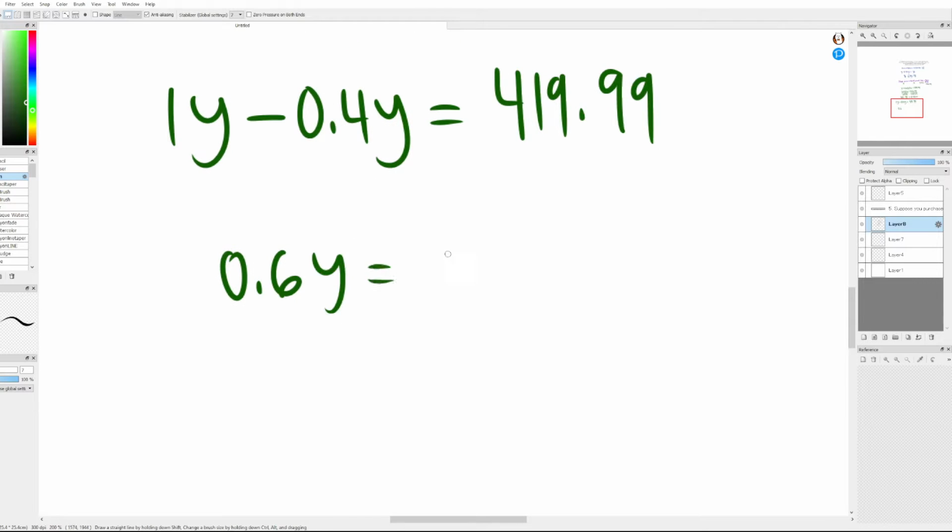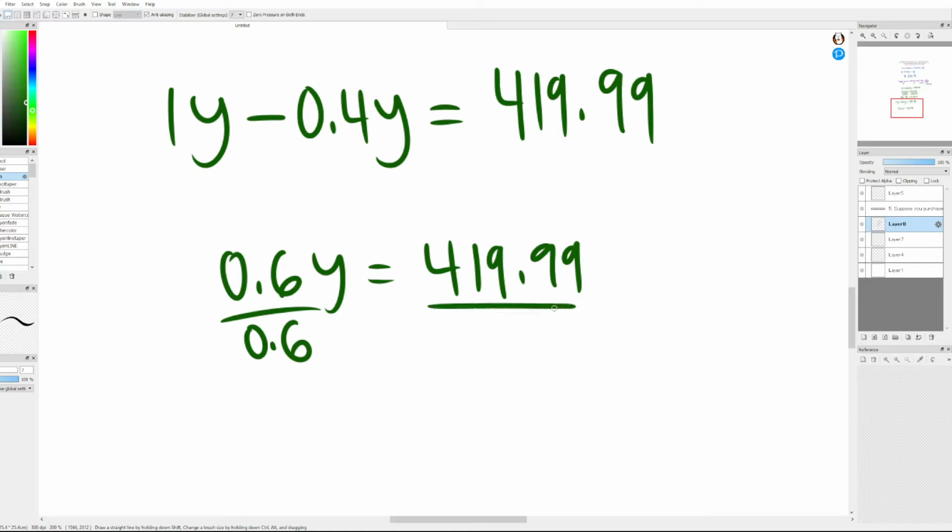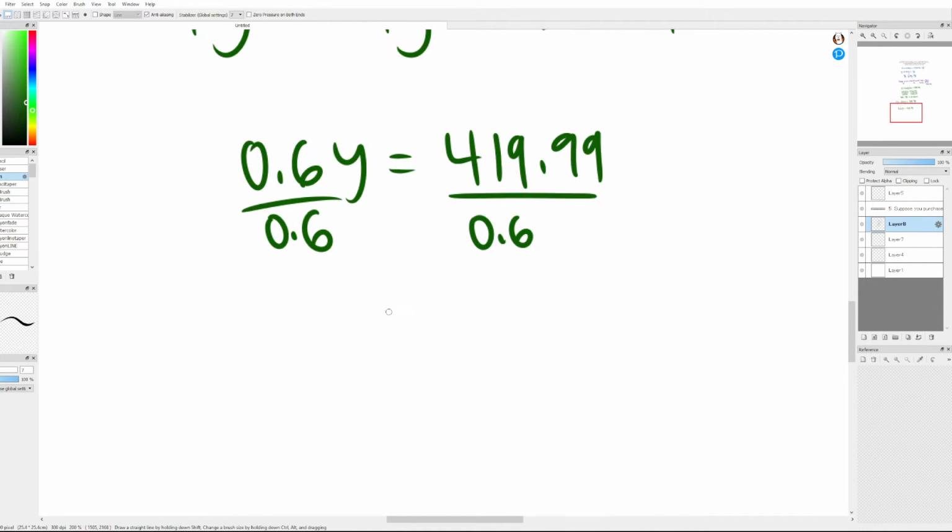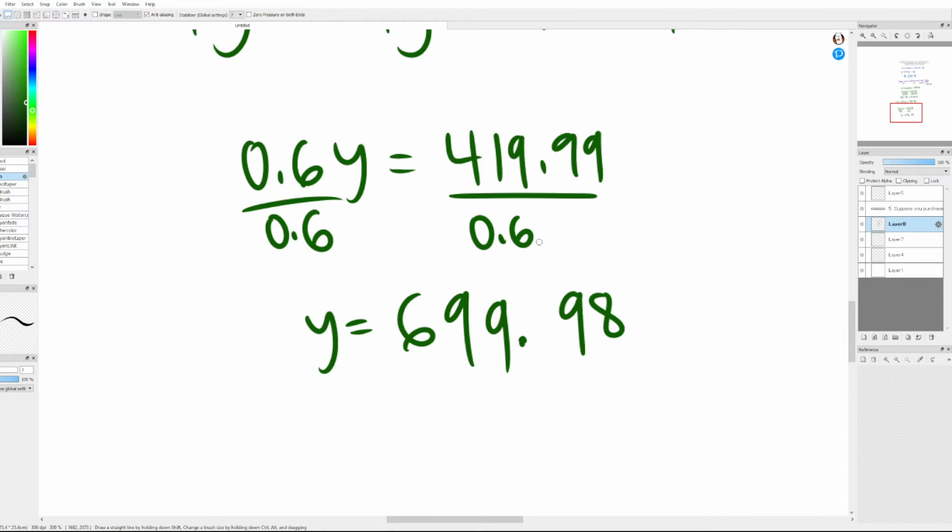0.6Y is equal to 419.99. We want Y by itself, so we're going to divide by 0.6 on both sides, which will give you Y is equal to $699.98.